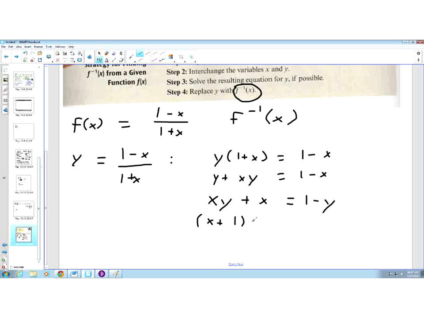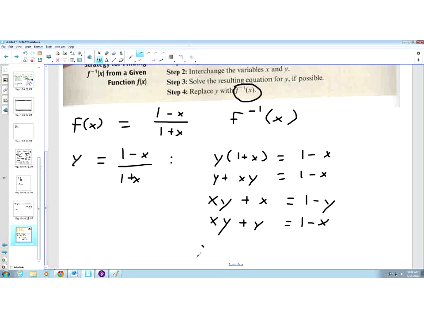Sorry, redundant step there. I shouldn't have done that. Go back. I need to solve for y in terms of x.